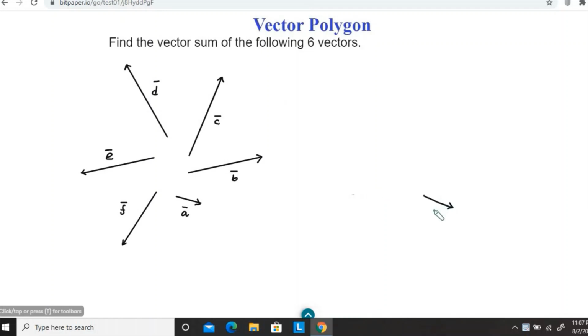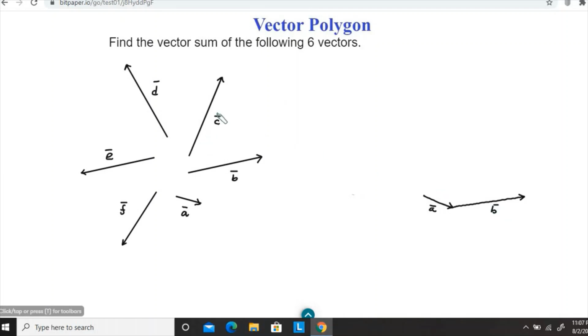So that's vector A. And then I'm going to slide vector B so that the tail of vector B connects to the head of vector A. Where we stop A, that's the place we start with vector B, and when we slide it, we conserve its direction and its size. Then it will look like this. So that's vector B.